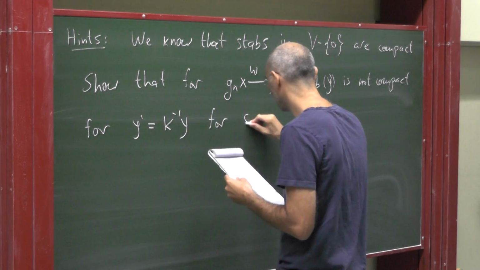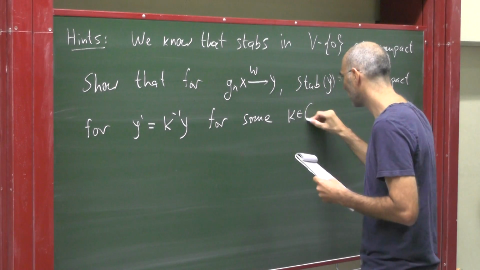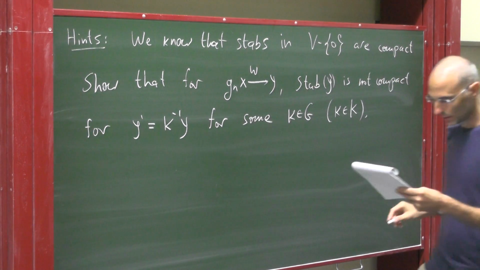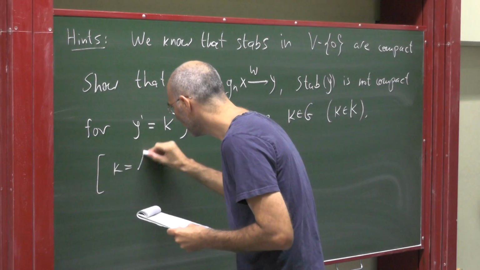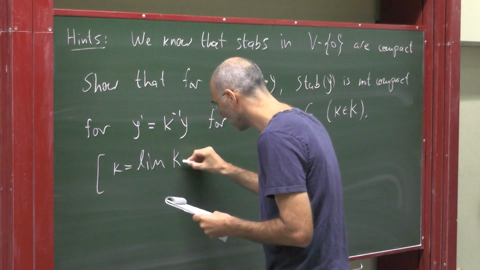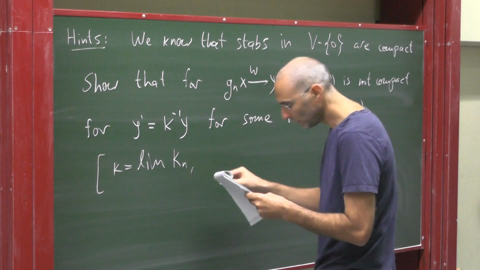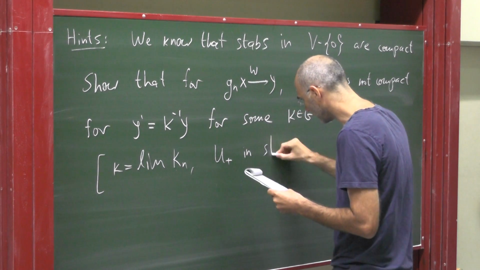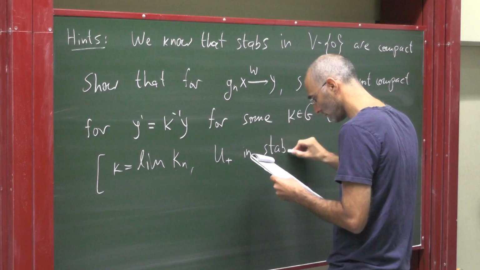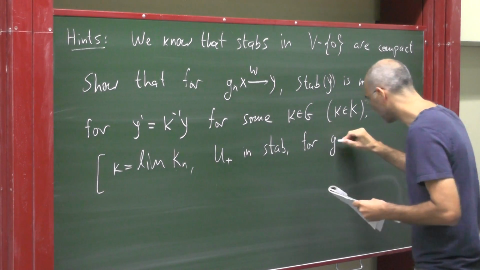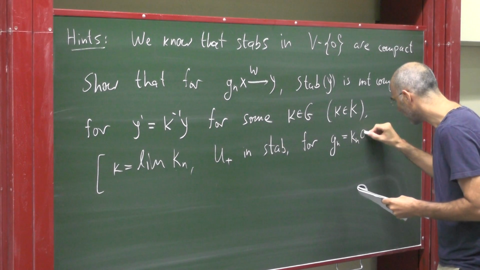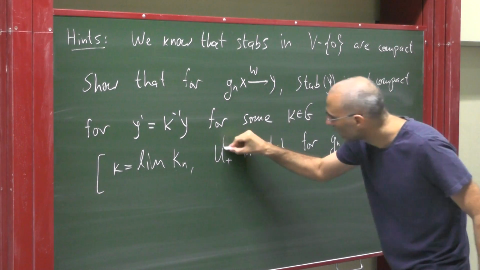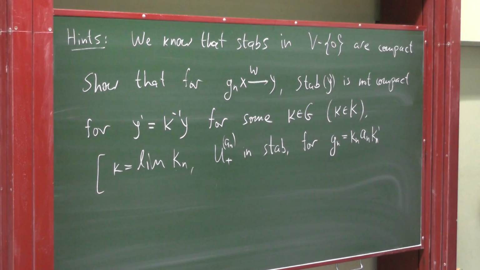For some K in G. Actually, K in K. And maybe just this K will be the limit of Kn, and you will show that U plus is in the stabilizer for some decomposition Kn, An, Kn prime, and this is U that is associated with the An thing.